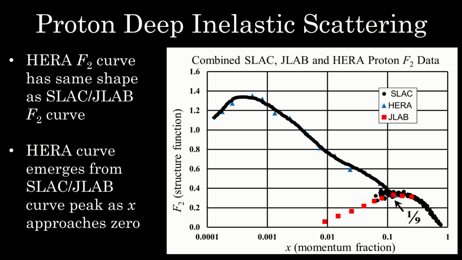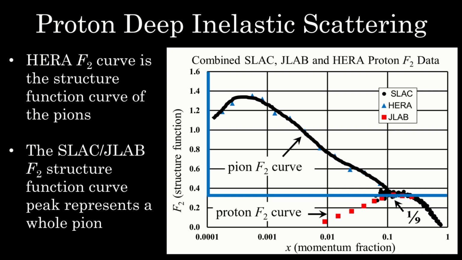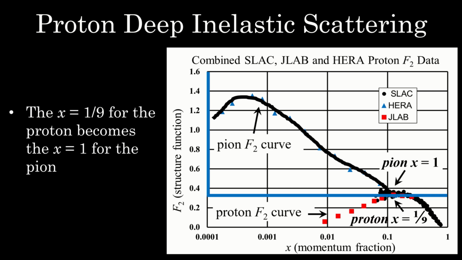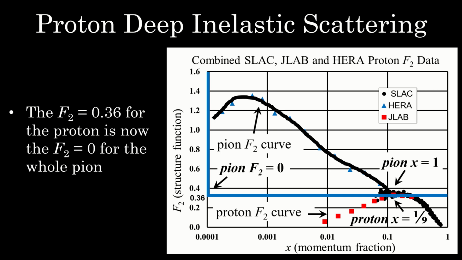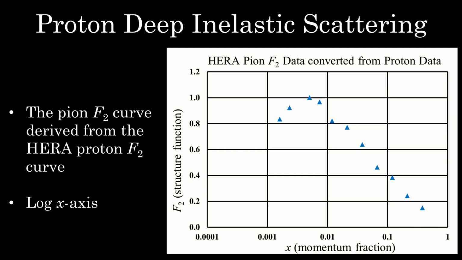If the 1/9 proton momentum fraction the pions carry is set to a momentum fraction of 1 for the pion to represent the whole pion, and the peak proton F2 value, about 0.36, is set to 0 for the pion to make the F2 for a whole pion 0, then the HERA F2 curve is transformed into a pion F2 curve.